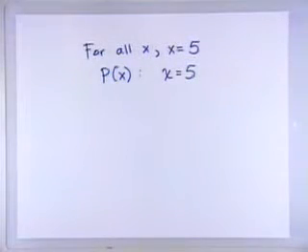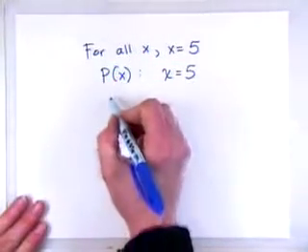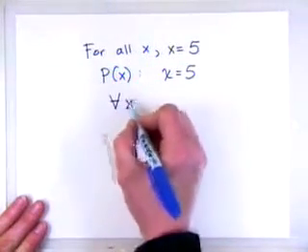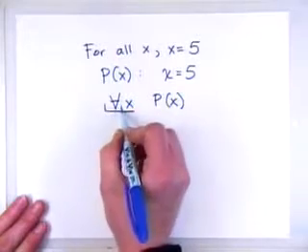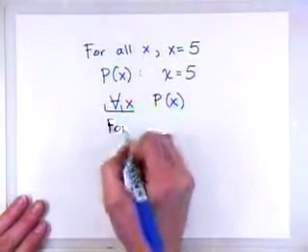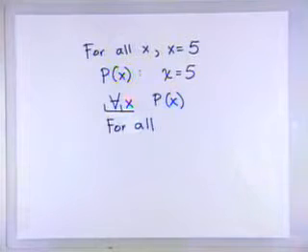That's my predicate, P of x. Then my predicate statement would be for all x, P of x. So this upside down A means for all. And someone invented that a long time ago, and we're going to have to use it.